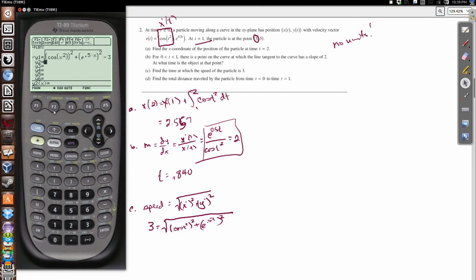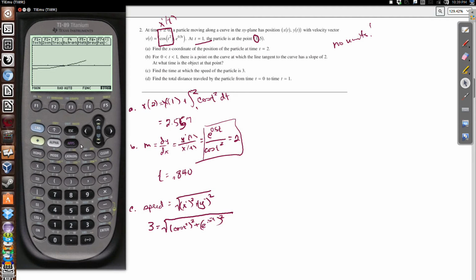Because I want to know when this is going to be happening here. And I don't know if that's going to happen in my domain, so I'm going to expand this out. Notice there's no mention of my domain here. So let's just type in any reasonable value. 5 sounds good. So if I graph this, then here is my speed graph. My speed ends up doing this.